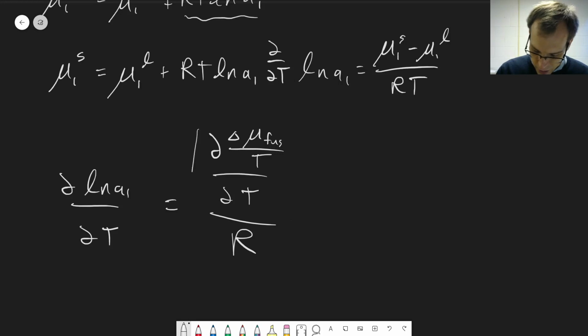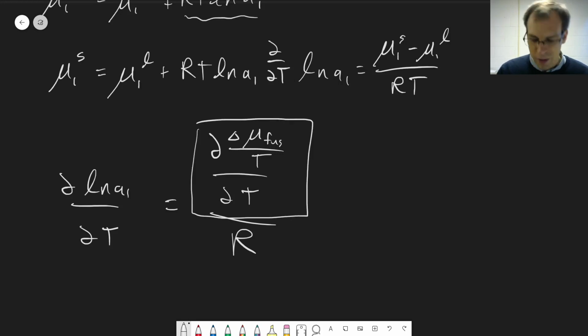And you may remember, if we want to look at the change in a Gibbs energy or a chemical potential as a function of temperature, that's given by the Gibbs-Helmholtz equation. And this partial derivative here is equal to negative delta H over T squared.